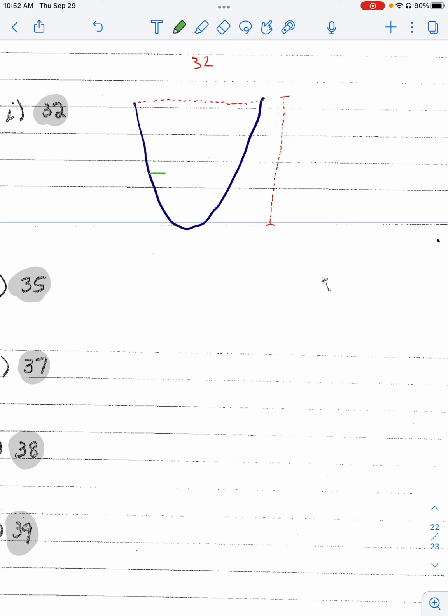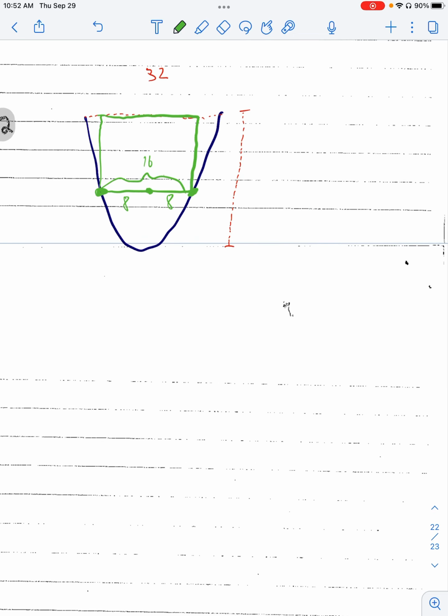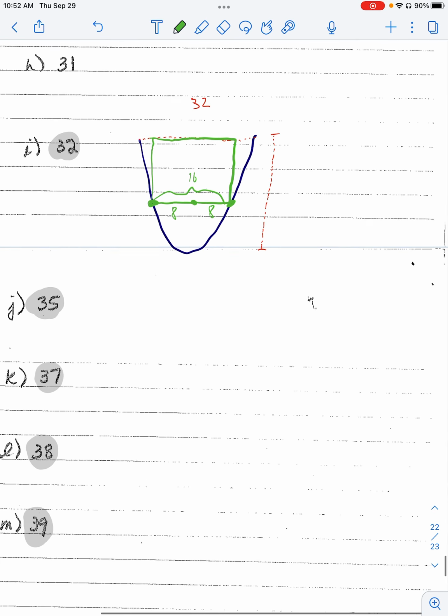Half of the base is going to be 8 inches long, so the entire base is going to be 16 inches long. Then the top of that cylinder comes up to this red dotted line, crosses, and comes back down to the base. So this is our diagram right here.